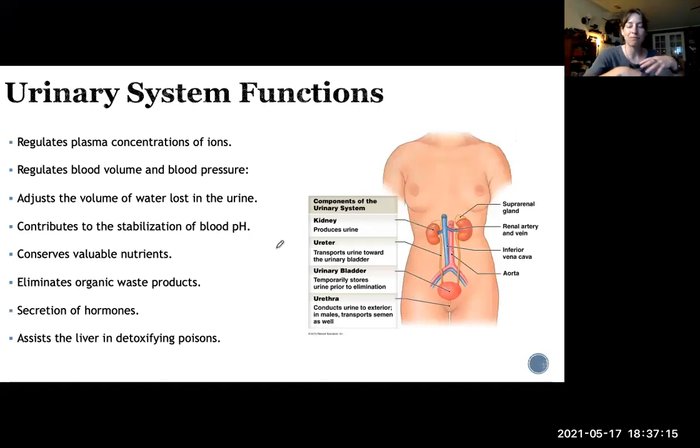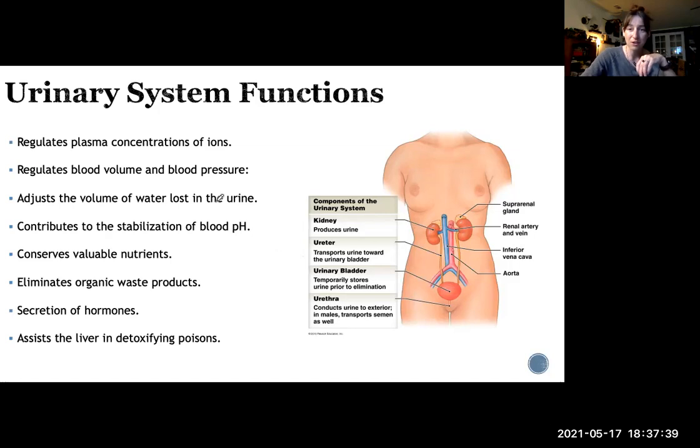The urinary system has a bunch of different functions. We think of it as being what produces urine, which is true. It's basically going to be filtering the blood, taking out toxins and everything that we don't want, waste products, concentrating them to be excreted from the body.